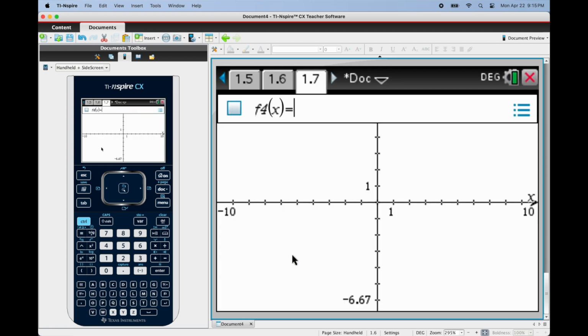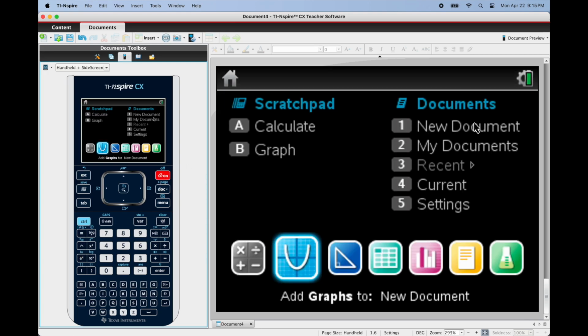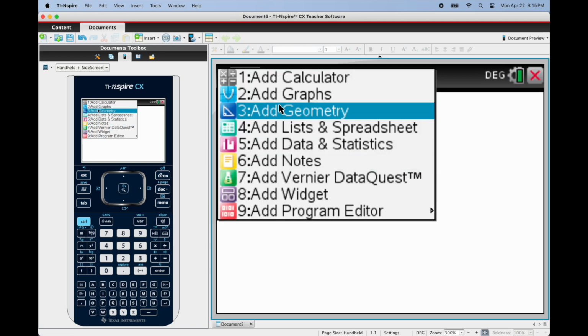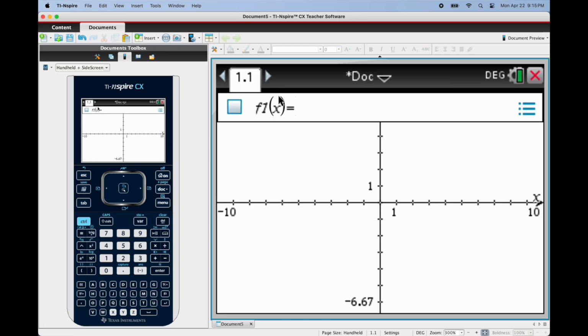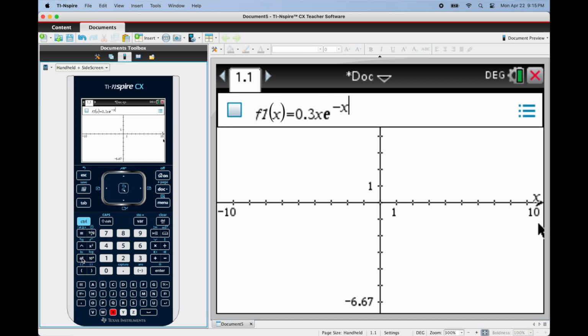So 0.3, let's say this is x, and then remember this e is not a variable, it's actually just a value. Whoops, sorry, let's get a new document here. So this is 0.3x, and then this is e to the negative x.